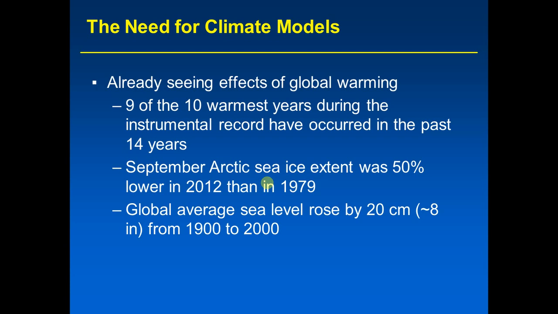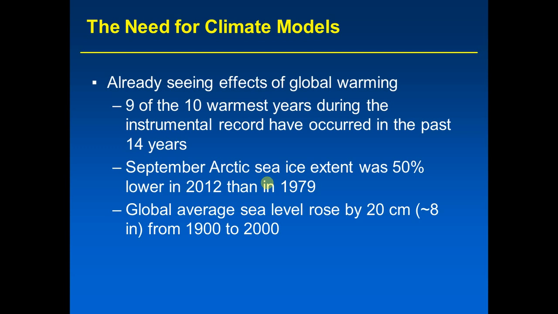September Arctic sea ice extent was about 50% lower in 2012 than in 1979. Remember that 2012 had the lowest September sea ice extent or area on record, going back to when the observations began in 1979. And it was about half of what it was in 1979.